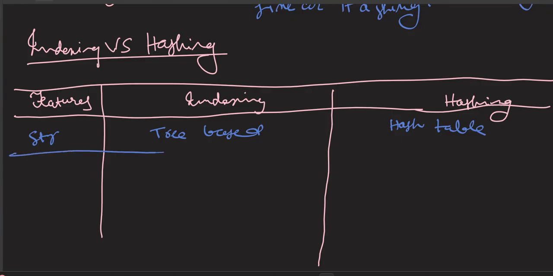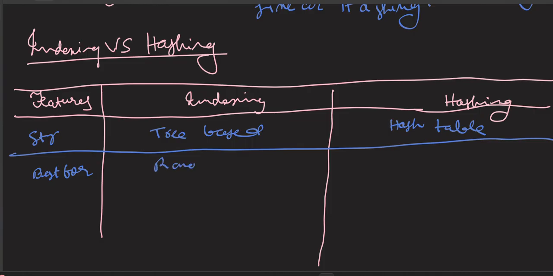Next, the feature which is best for: indexing is best for range queries and hashing is best for exact match queries.